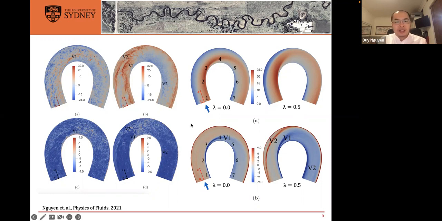You see that there is some fundamental difference between a neutral flow and a stratified flow. The first thing is that you see there are two shear layers, V1 and V2, that are separated. This shear layer happens because of the high-speed fluid going into the inlet, and it deflects out to the outer bank here.